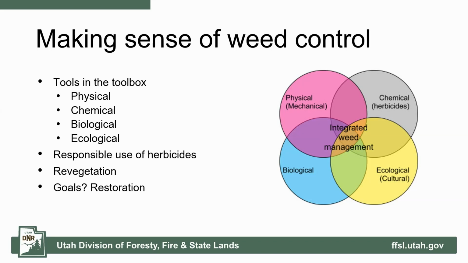But in our work on sovereign lands, we're really trying to take it a step further and work on best practices and a long-term picture for what we're trying to achieve.